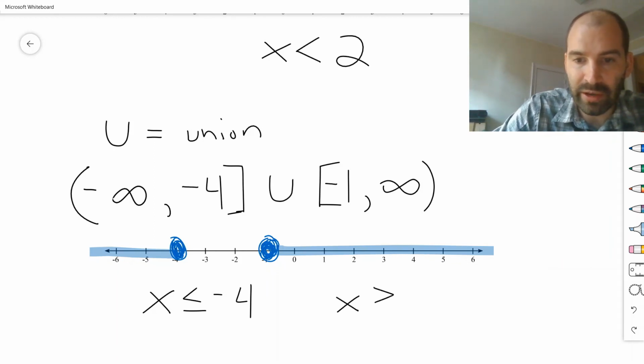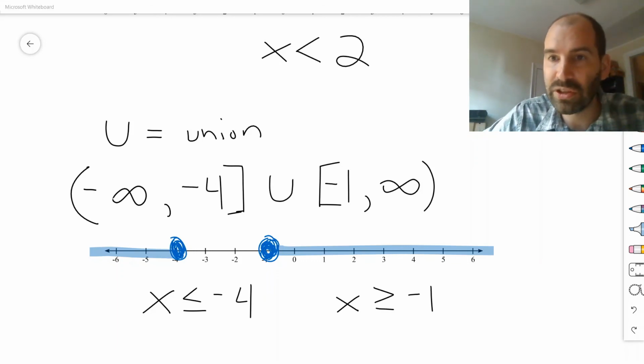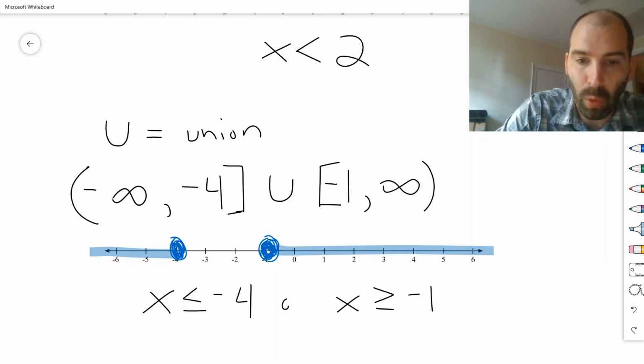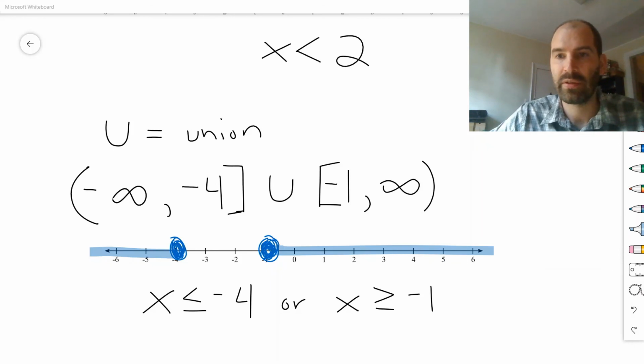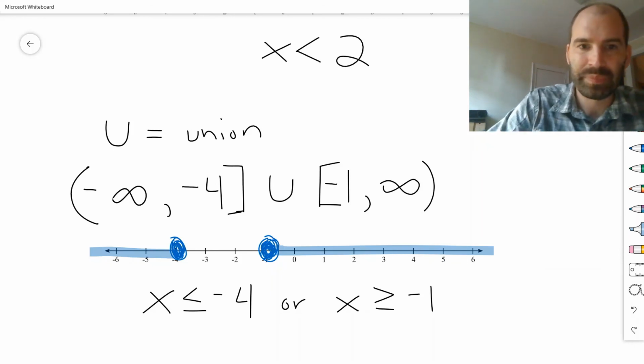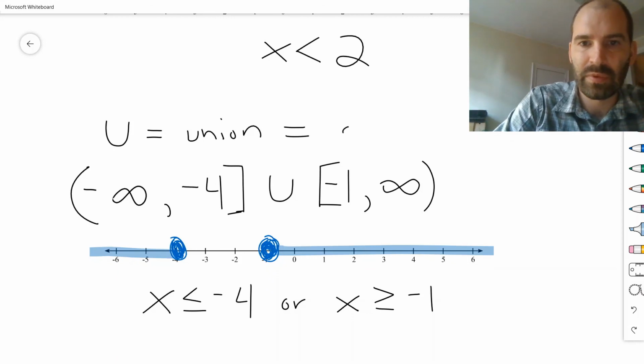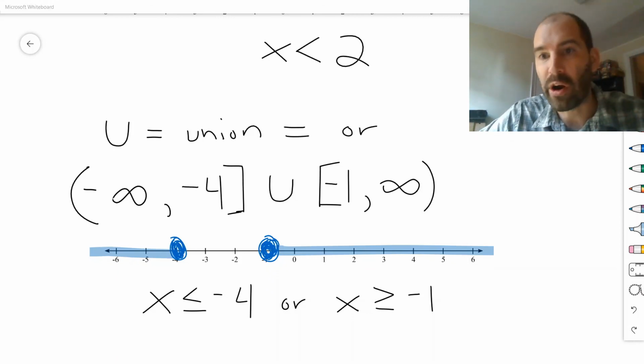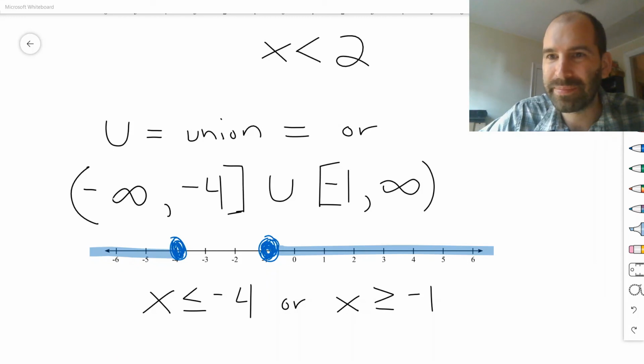So greater than -1, but it could also be equal to -1 because we've shaded in the dot. And what do I write in between? We would write the word or. So the union symbol also means or. It's another way to think about it.